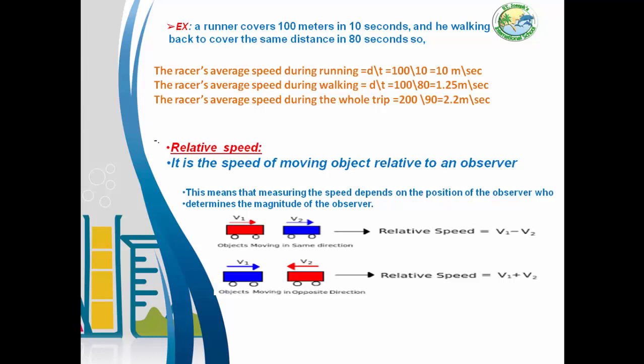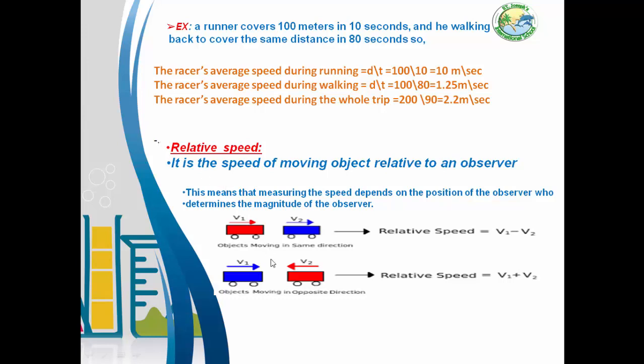But if the observer is in a moving object in the opposite direction, if the observer is moving in the opposite direction of the moving object, in this case the relative speed equals object speed plus observer speed. So relative speed depends on the place of the observer.